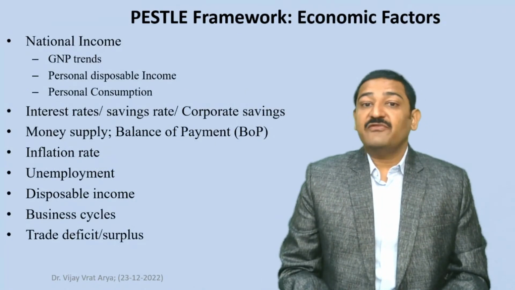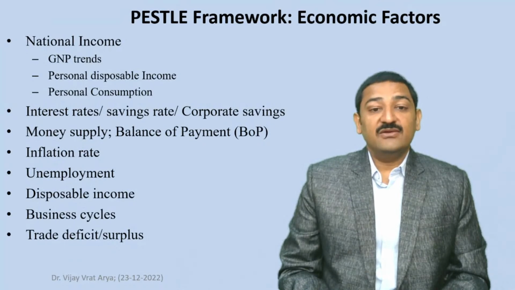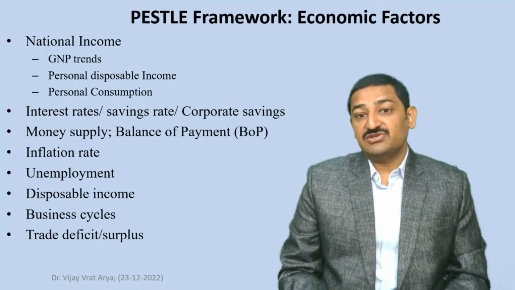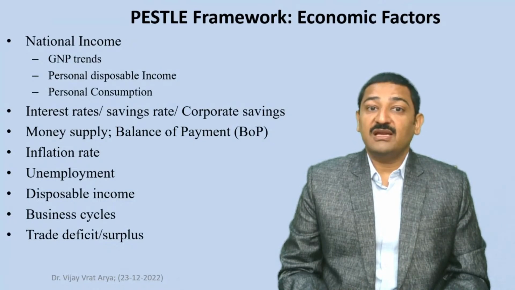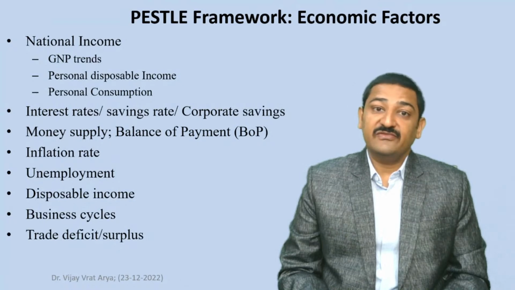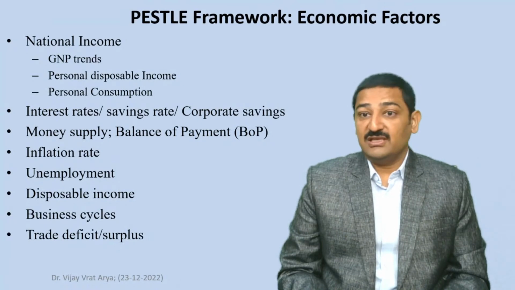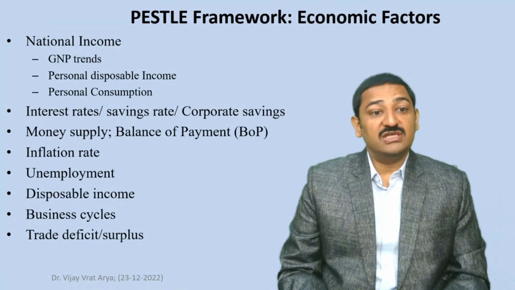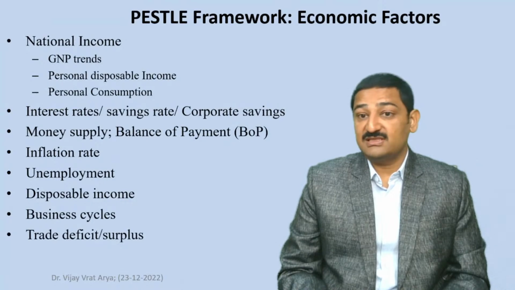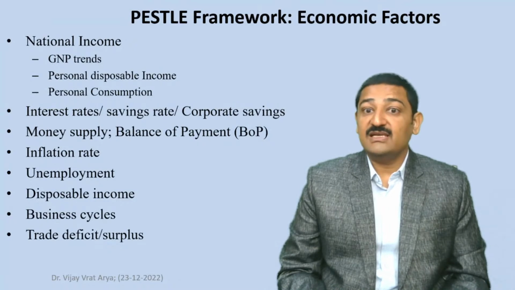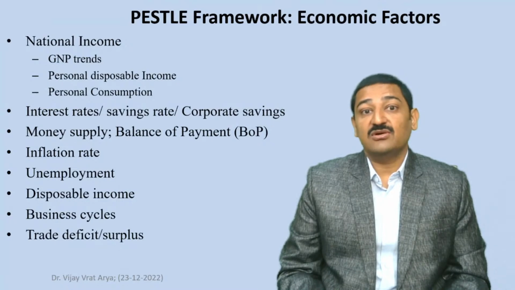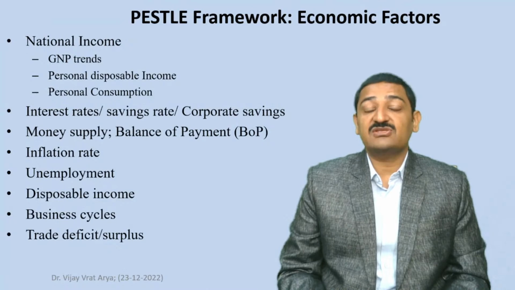If we refer to the economic factors in the PESTLE framework, then we can have some cases which are considered from the perspective of economic analysis. Say the national income of the country, which includes GNP trends, maybe personal disposable income, maybe personal consumption in the respective country, which helps the organization understand the trend and the position where they are going to operate or make a specific strategic decision.